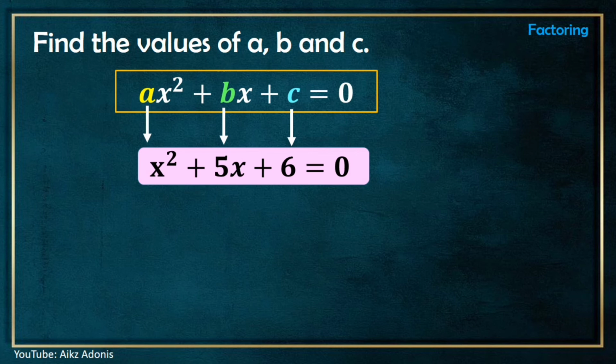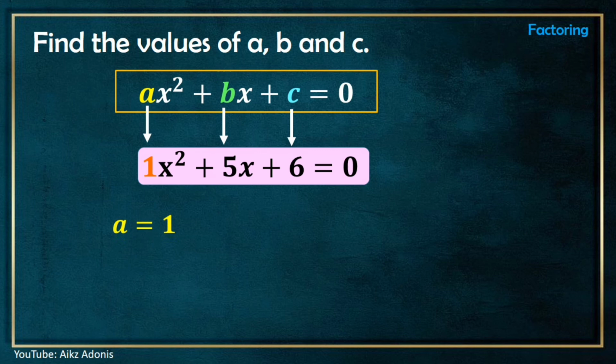In this quadratic equation x squared plus 5x plus 6 equals 0, the numerical coefficient of x squared is 1. Though there's no 1 beside x squared, it is already understood that a is equal to 1. So our a is equal to 1. How about b?